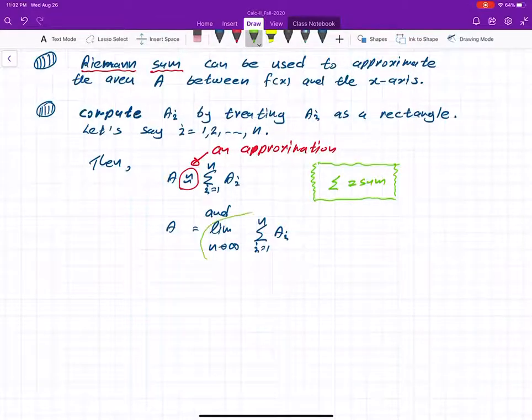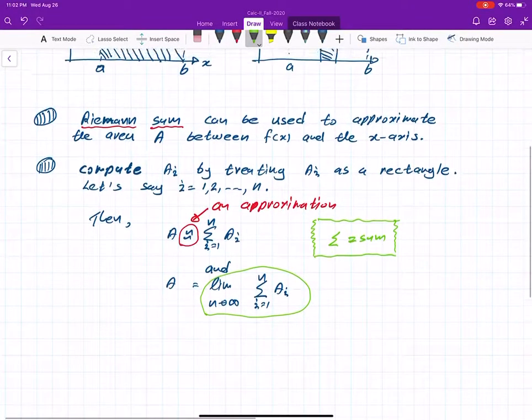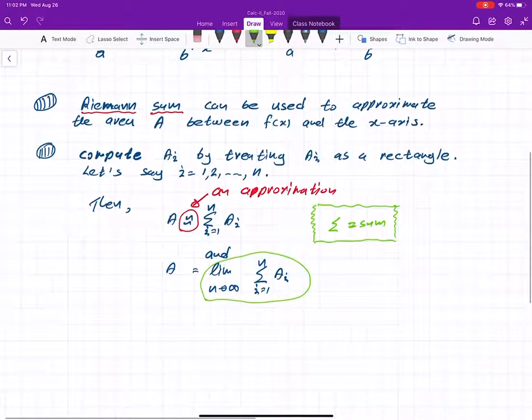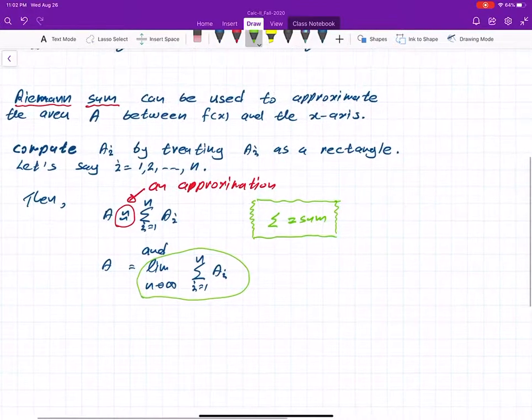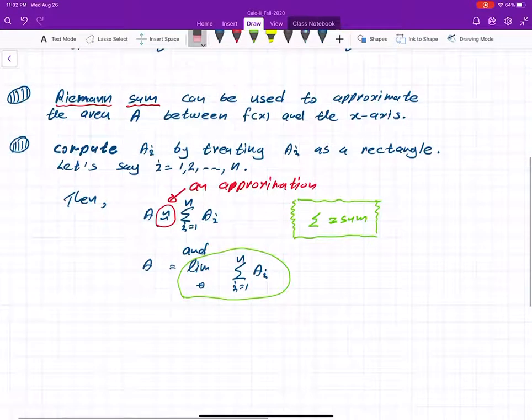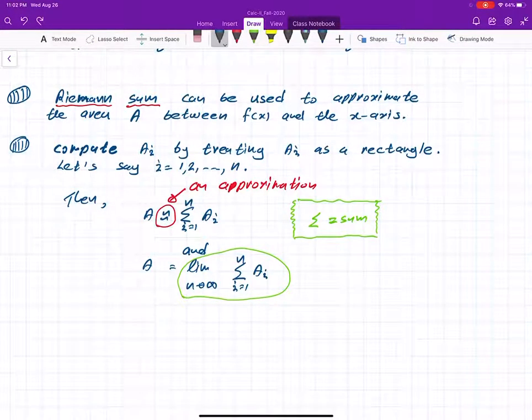If you express this in words, it says make infinitely many n's. This says n goes to infinity.